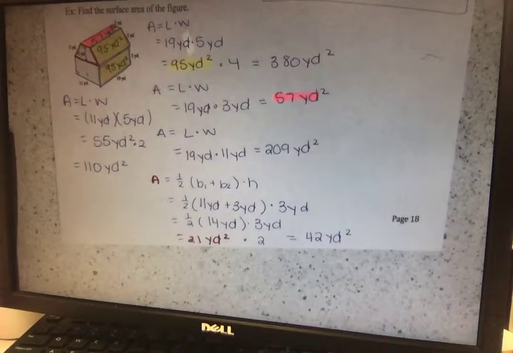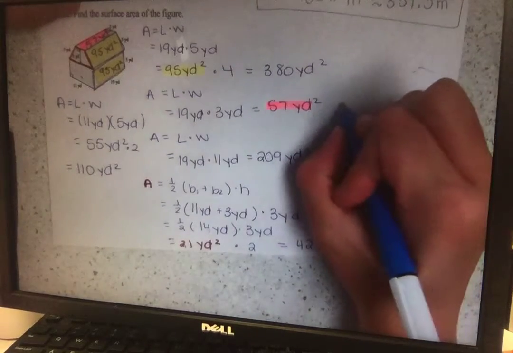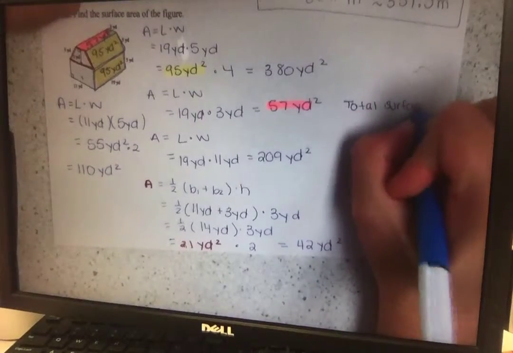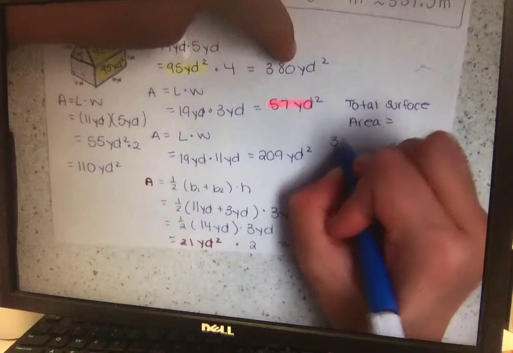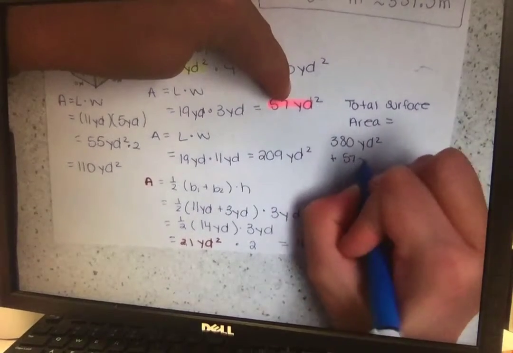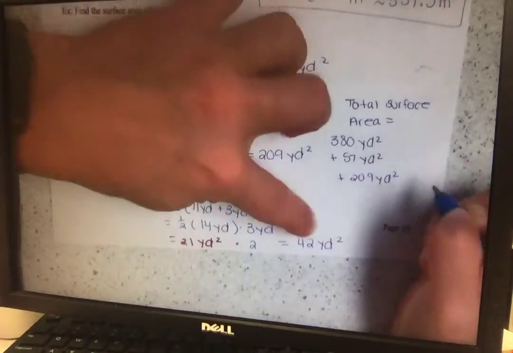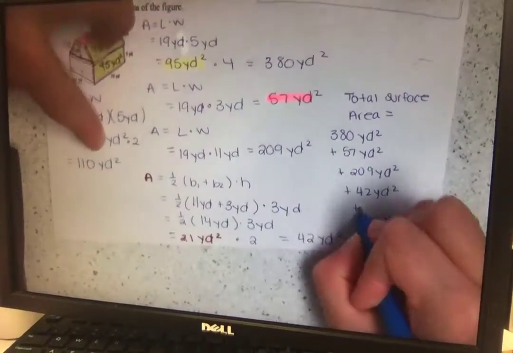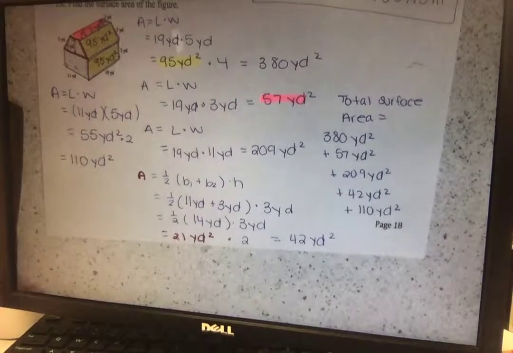So we have a lot of stuff going on because now we have to add all this up together. So our total surface area is going to be this 380 yards squared plus the 57 yards squared plus the 209 yards squared plus the 42 yards squared, and then plus our 110 yards squared, adding up all of these side areas together.